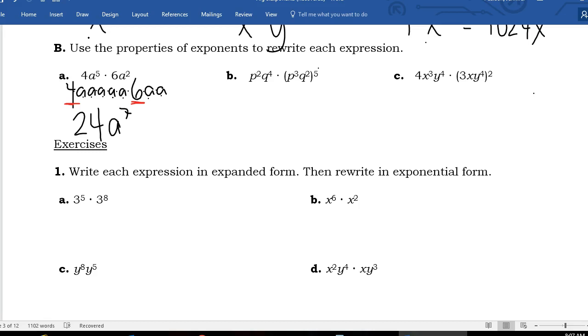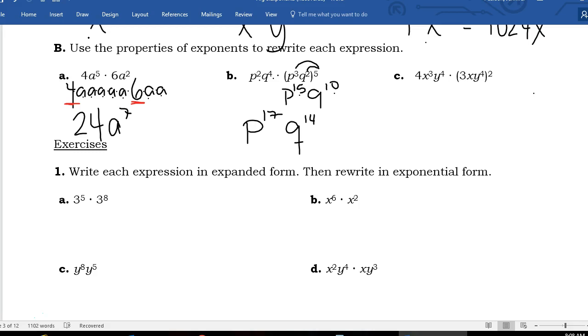This 5 goes on everything. So there's already a 3 there. I'm going to multiply it. This is going to be P15, and then this is going to be Q10. So now I can add these, because I have 2 P's and 15 P's gives me 17 P's. And I can add these. I have 4 Q's and 10 Q's gives me 14 Q's.